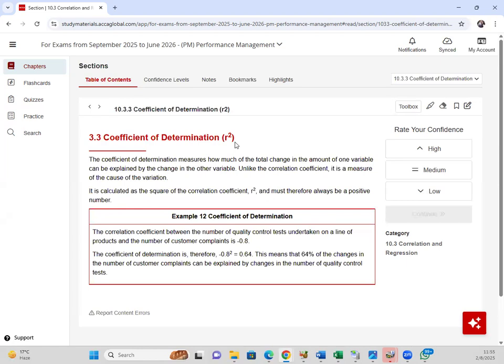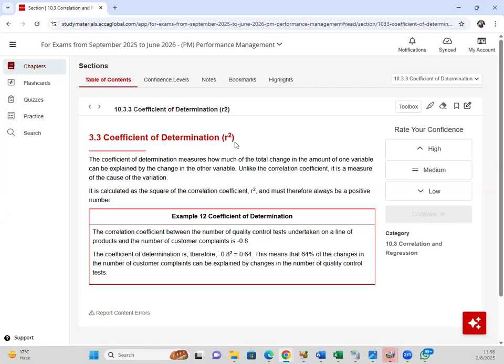This one is always positive. It ranges from 0 to 1. It's a percentage. So if it's maybe 90%, it means the model you have used is very suitable for estimation, because you want to estimate and look at the relationship between two variables. But is the model that suitable?